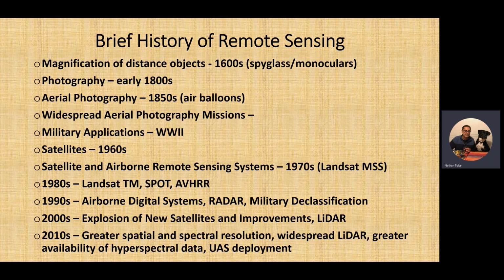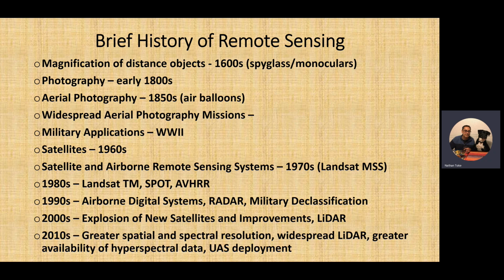Widespread aerial photography missions came about in the early 1900s, 1920s, 1930s. In World War II, air photos were used widely for military applications, high altitude flights over enemy terrain. First satellites coming into play in the 1960s.